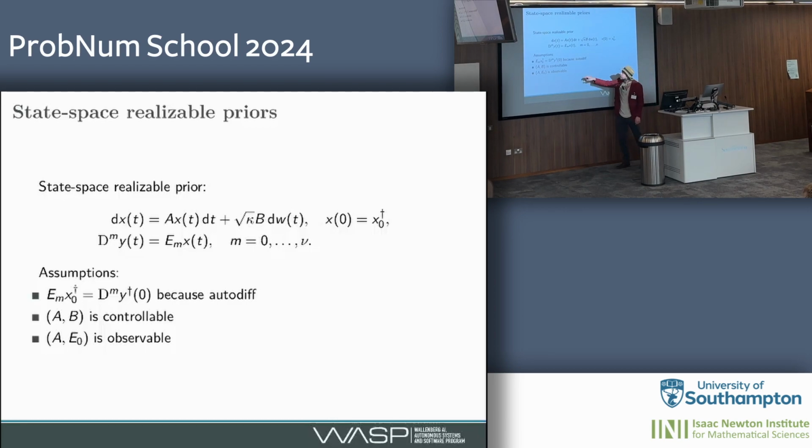Controllability basically just means I can replace this Wiener process by any function, and then I can design this function to bring the state to anywhere I want in finite time, in fact within any time interval I want as well. And observability basically just means that I can reconstruct my entire state x by just observing y, which means I can map back and forth between x and y.